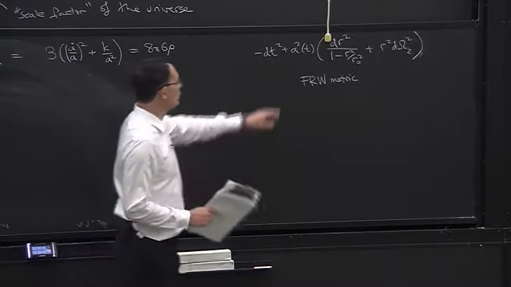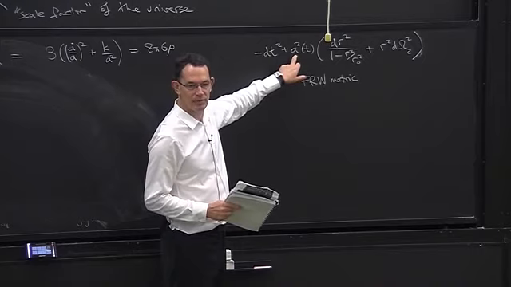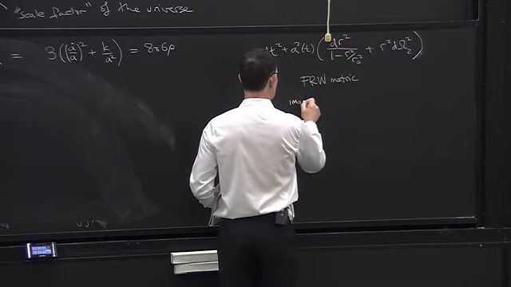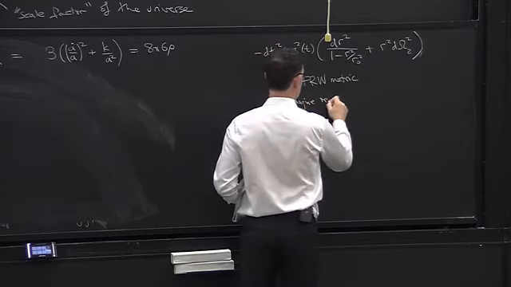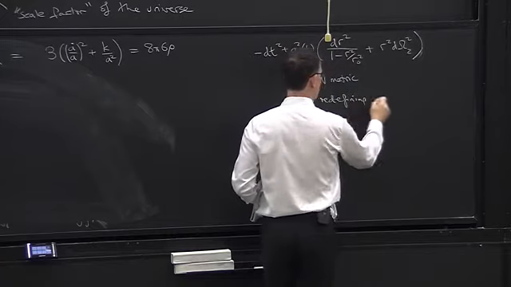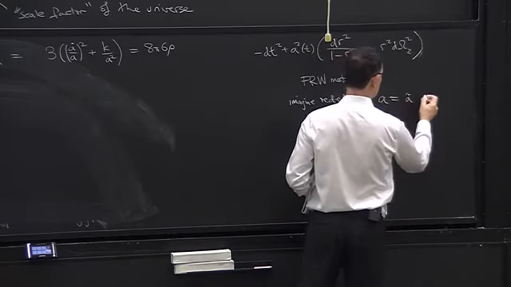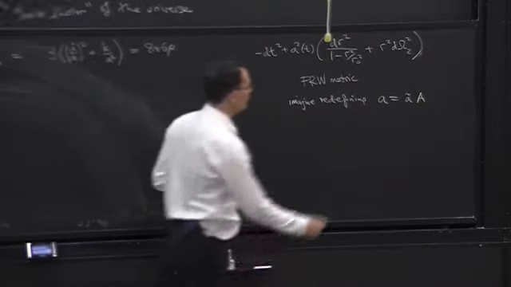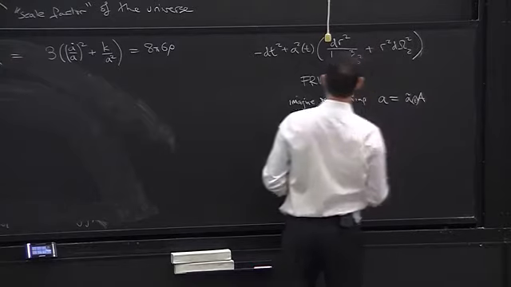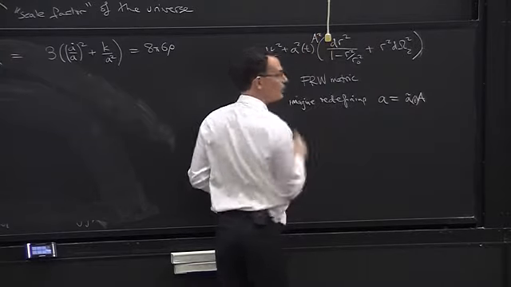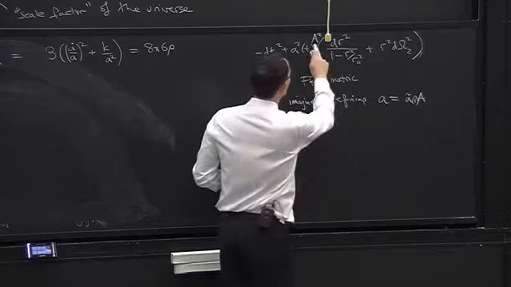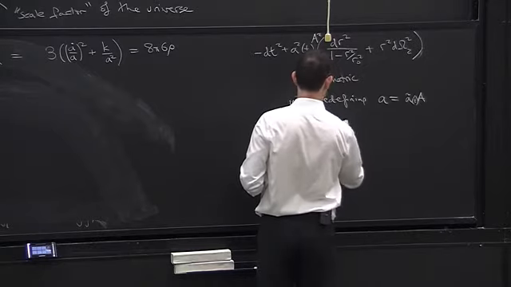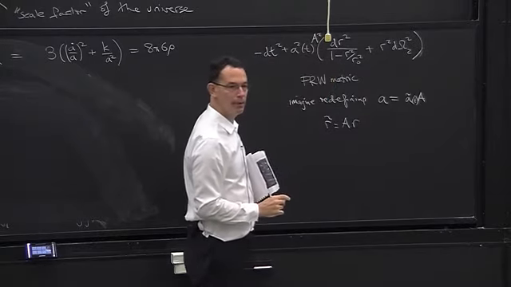The number R0 is tied up with the definition of what a is. Because imagine I rescaled a. Imagine redefining a, so that a is equal to a twiddle times some constant, a twiddle of t. So now I would have an extra a squared here. Now I could absorb the a into the r, so I would define r twiddle equals a r.